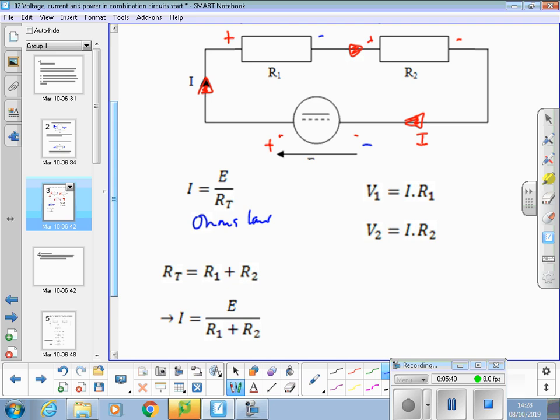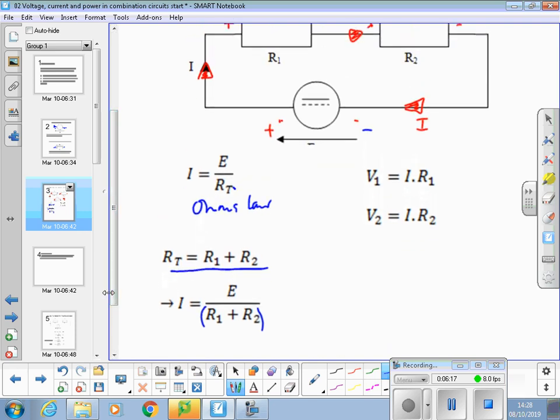So if we knew the values for them, we could calculate that. We know that we can calculate the total resistance from that formula, adding them together. Okay, so we can replace RT in this Ohm's law with R1 plus R2 if we wanted to. We want to understand that.